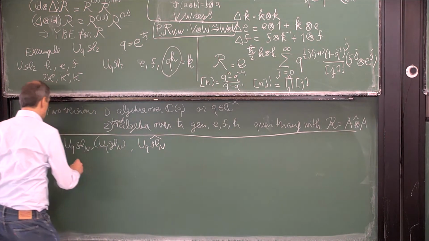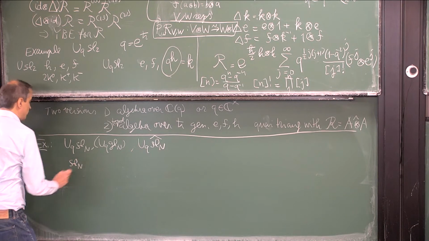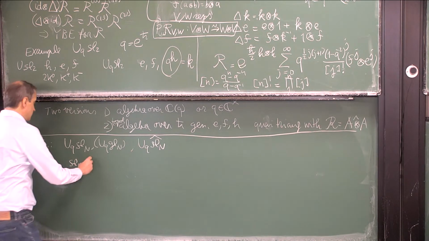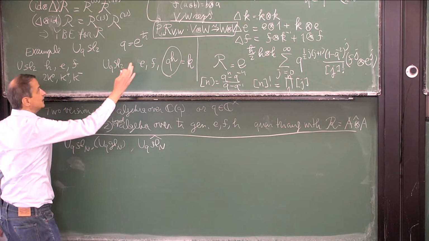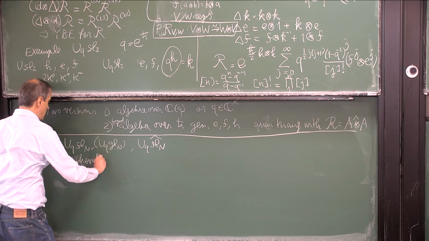So before going to U_q, you have this SL_N. So maybe first SL_N. To understand this, it's good to have this Chevalley-Serre presentation.